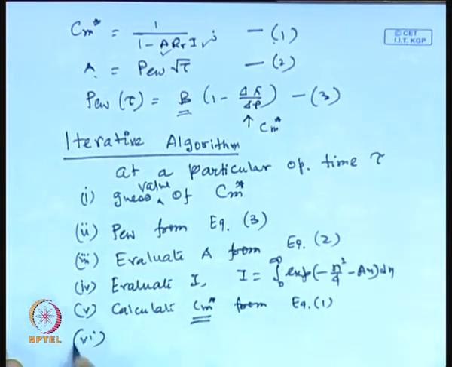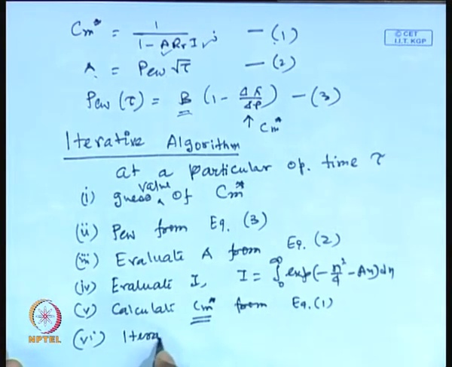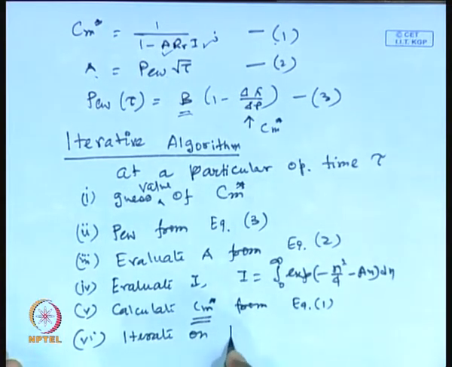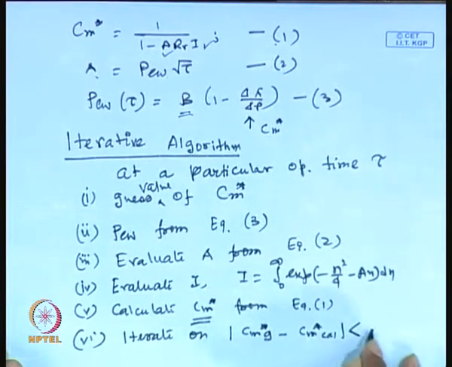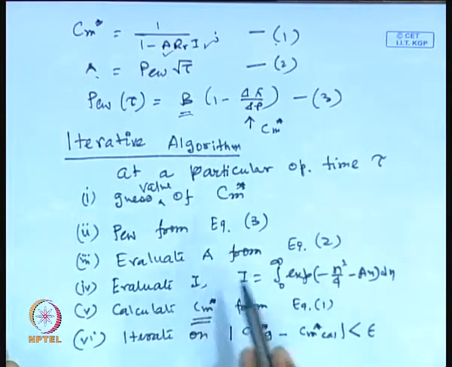So, next one is just iterate on the absolute value of Cm star guess minus Cm star calculated is less than epsilon or not. If not, then you guess a new value of Cm star. Likewise, this loop has to be iterated for a particular time point. And what you do next?